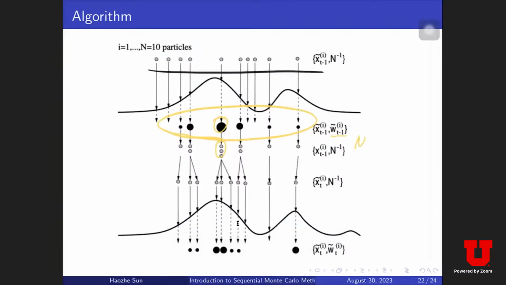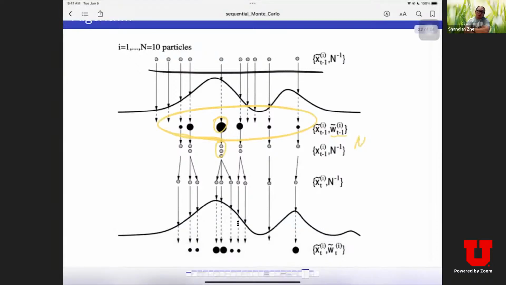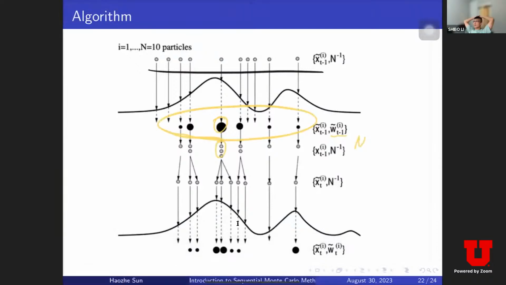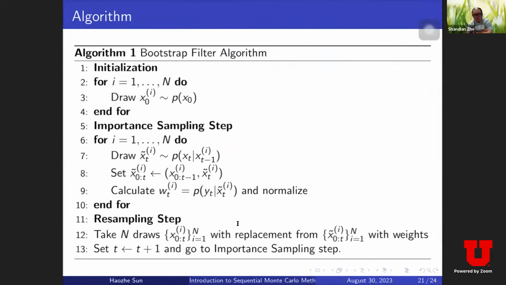Right. Oh, so the particle values themselves could be the same, but in a subsequent procedure, they still have a chance to be assigned different weights. Yeah, that's right.